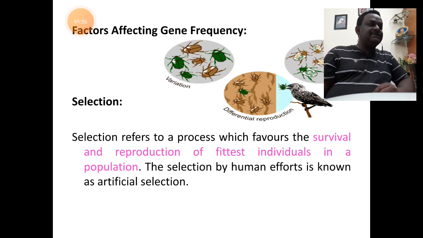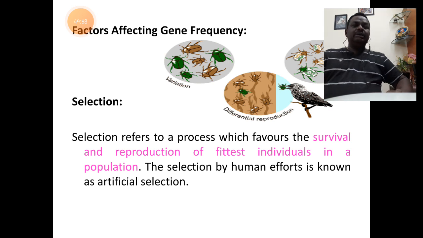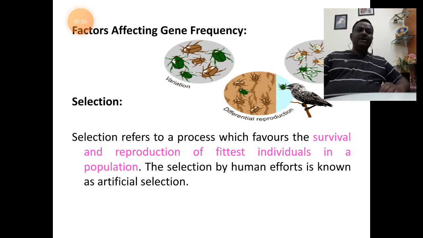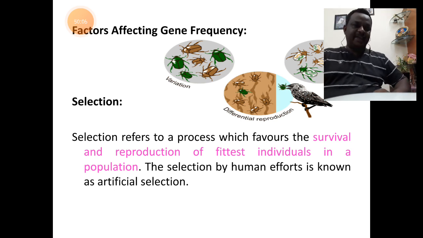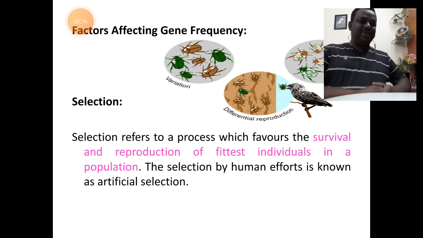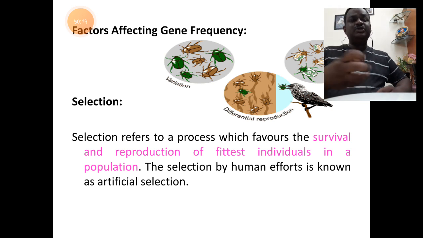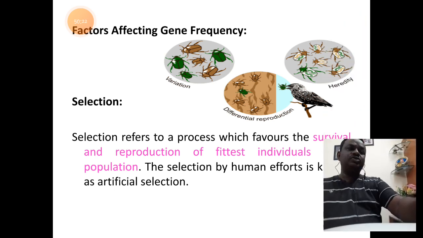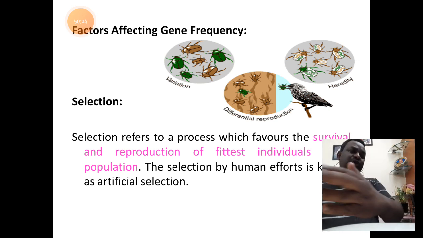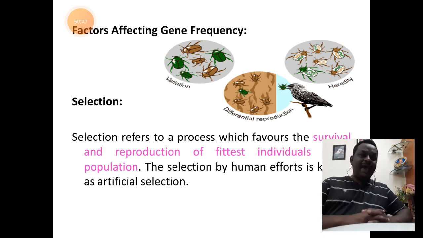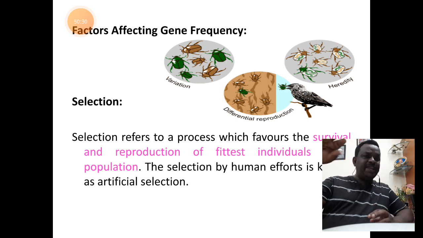The factor that affects gene frequency and genotypic frequency is selection. Selection simply refers to natural selection, a process which favors the survival and reproduction of the fittest individuals in a given population. We also select by human efforts, which we call artificial selection. Students, in this slide, we have the original population of insects with green and brown color.